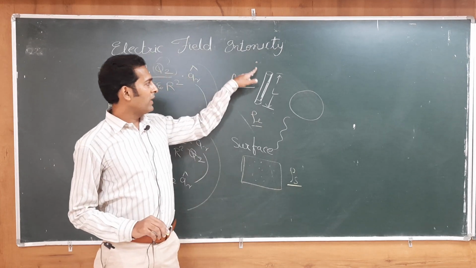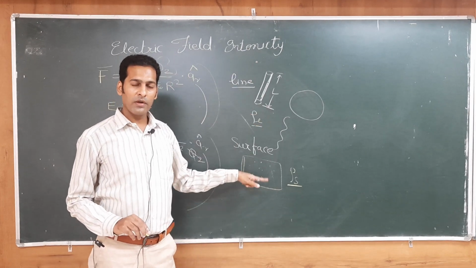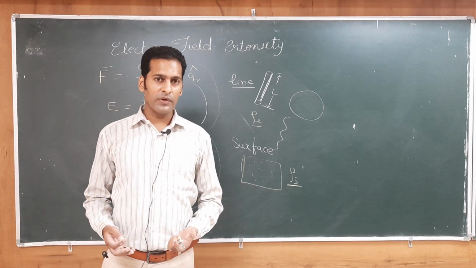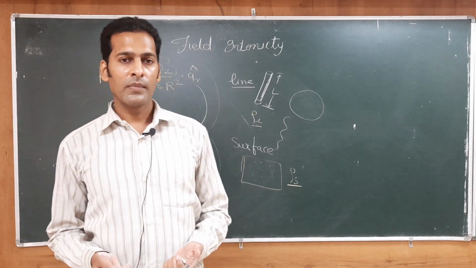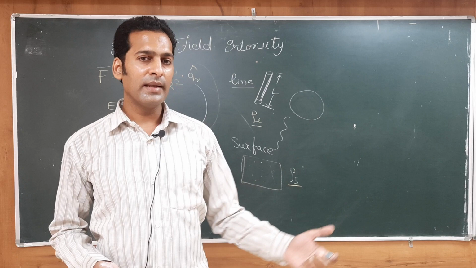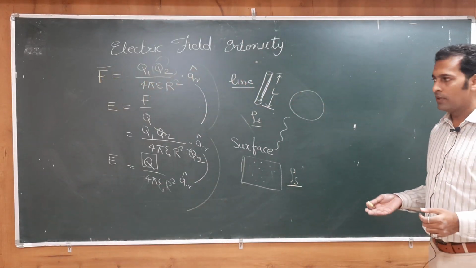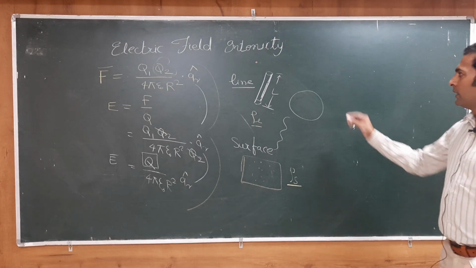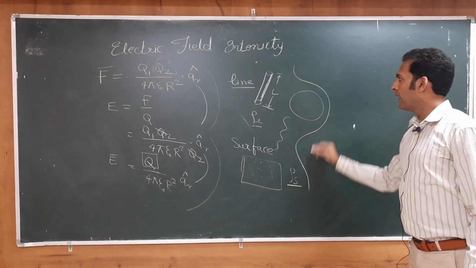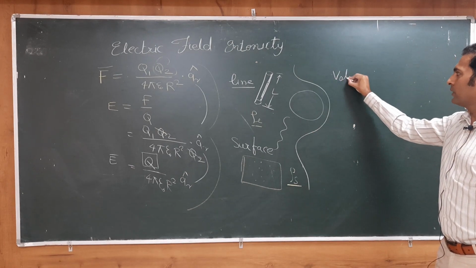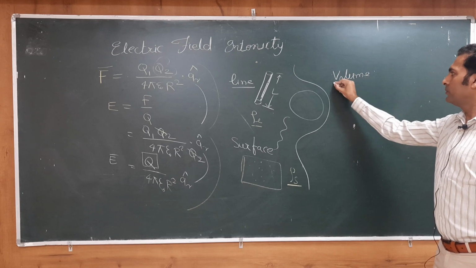Now, like from a point we got a line, from a line we have a surface. If we connect multiple surfaces, we will get a volume. My source, my antenna, may be a volume and may have different shapes, it may be a cubical shape. So, I consider a third case where I want to calculate volume charge density.